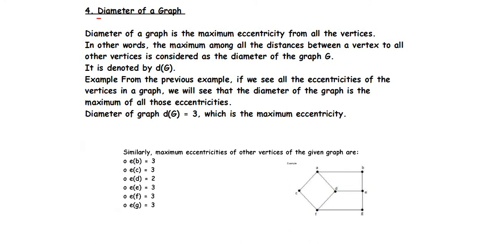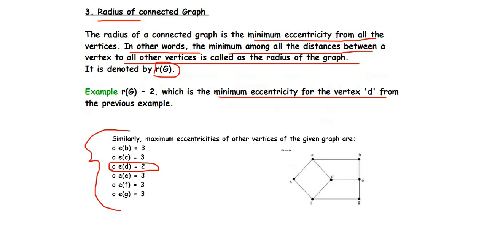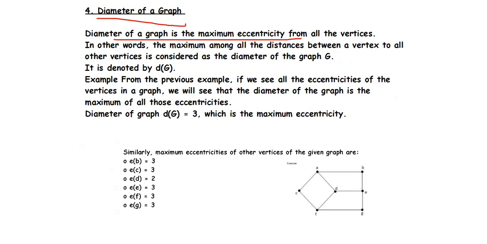Next, diameter of a graph. The diameter of the graph is the maximum eccentricity. This is the vice versa of the radius of a connected graph, where we calculate the minimum eccentricity from all the vertices. But here diameter is the maximum eccentricity from all the vertices, which is denoted by d of g. In other words, the maximum among all the distances between a vertex to all the other vertices.